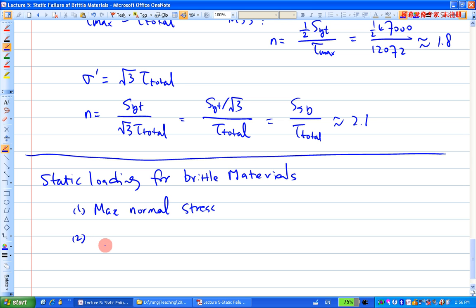The other one is called Brittle Coulomb Mohr theory, so BCM theory.